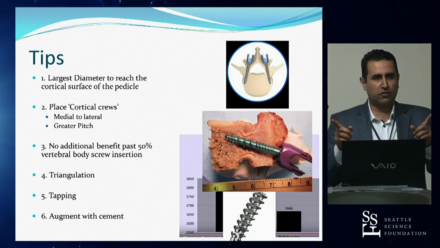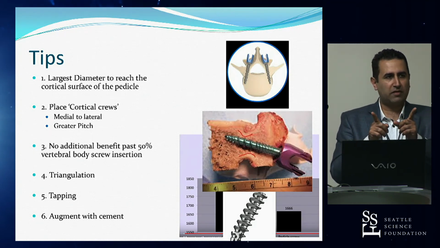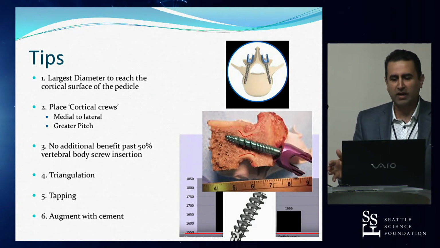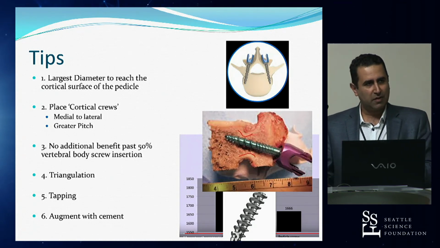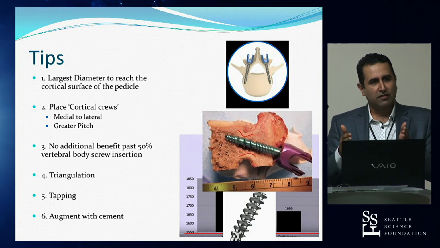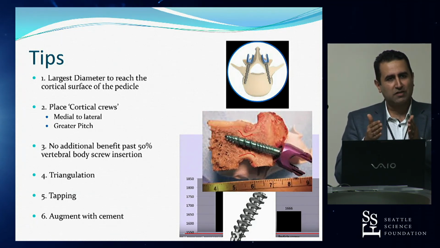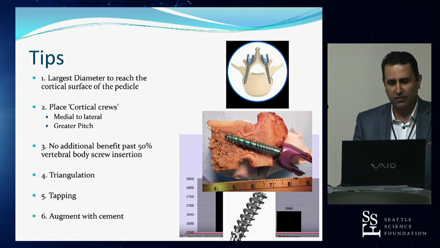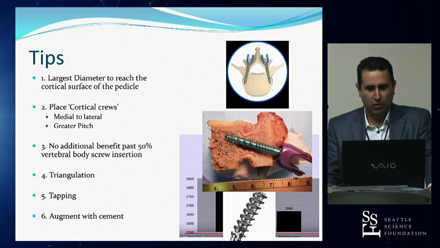These cortical screws, you're probably familiar with them. Often they're placed in a medial to lateral angulation, but they have greater pitch, and so it increases the pull-out strength. And utilize a screw where that pitch is increased, at least in the pedicle, which is the strongest part of the vertebral body adjacent to the cortex.